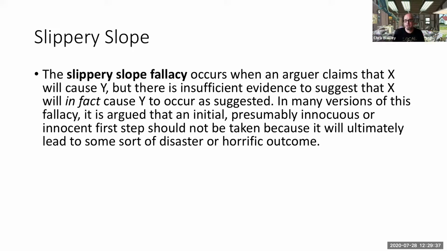But where there's not enough evidence to suggest, even as a matter of probability or necessity, that X will in fact initiate that long causal chain of events that will lead down to Y. Many versions of this fallacy occur when it's argued that we shouldn't take some initial, presumably innocuous or innocent step because doing so will lead all the way down to disaster. Since it will lead to disaster, we can't take that initial step.